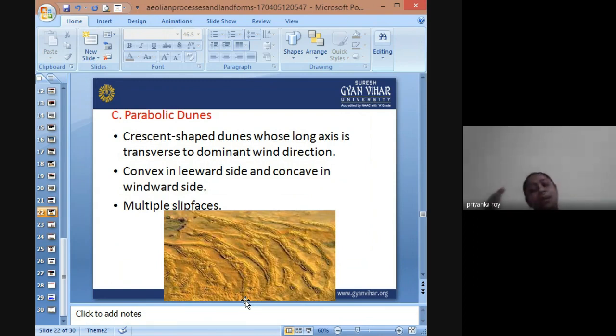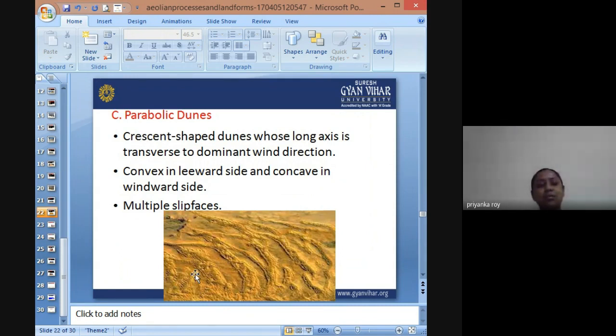So you will find particular land features like this. It shows that the wind is blowing from northeast to southwest. That's why the concave shape of the dunes is coming out from this area, and the convex shape is here. The wind is never blowing from here to here, but from here to here.